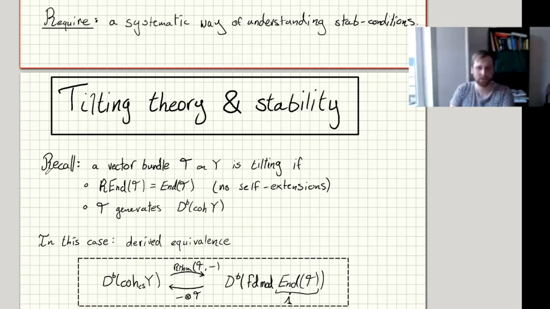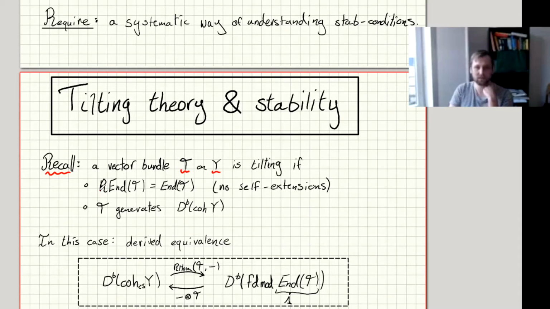So the definition of a tilting bundle is as follows. We take a vector bundle on our space. Then this vector bundle is tilting if it doesn't have any higher self-extensions.